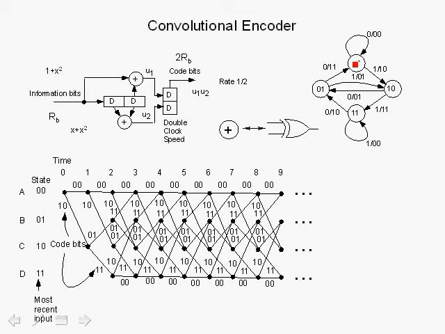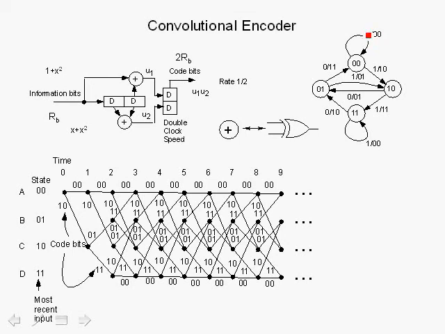So in a state diagram representation, the transition from states is indicated by this arrow here. If we get a 0, that is shown by the first element here. So we show 0, we stay in the 0 state. If we get a 1, then we move into the 1, 0 state. If we get another 1, we move into the 1, 1 state, and if we keep getting 1s, we stay in the 1, 1 state.